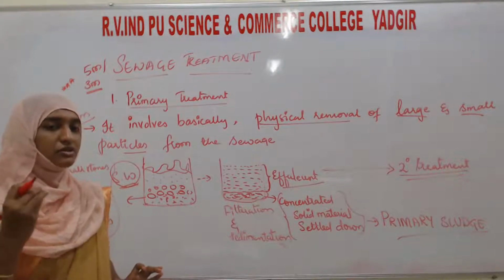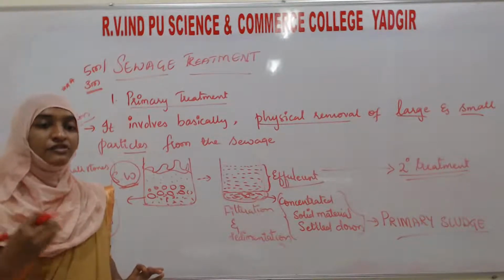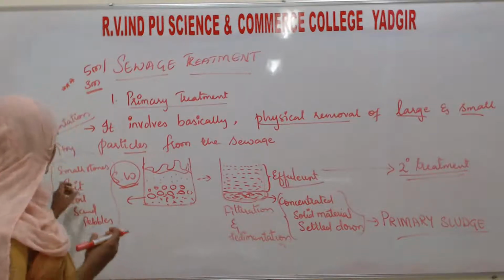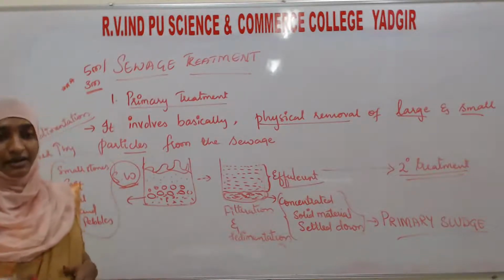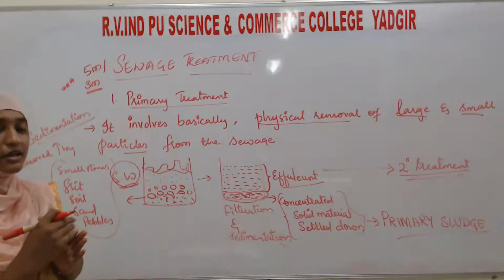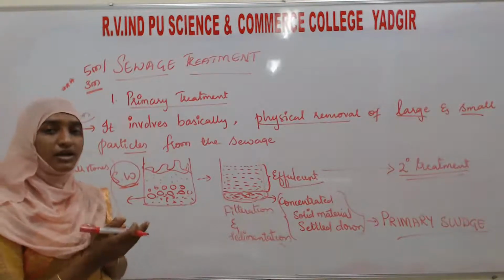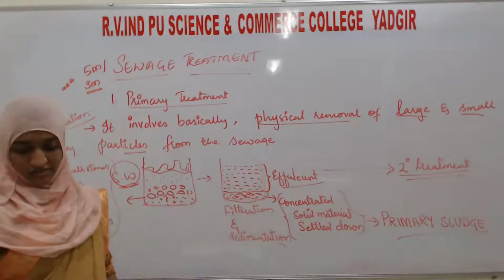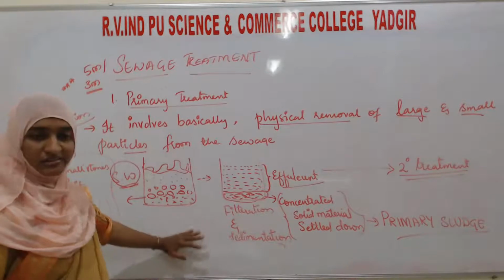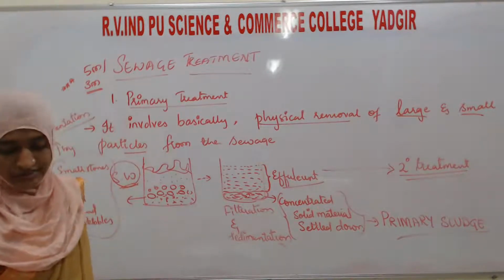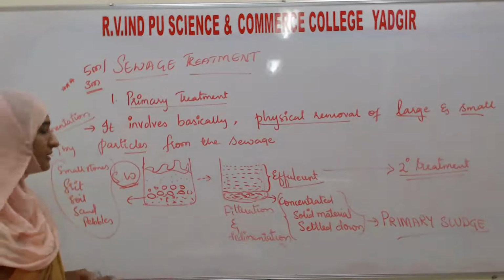In filtration, the floating debris is removed by sequential filtration, and the solid part such as small stones and pebbles is removed by sedimentation. Then the liquid part, the remaining water known as the effluent, is sent for the secondary treatment. If you explain only this much, you will score 3 marks. Next we will go for the secondary treatment.